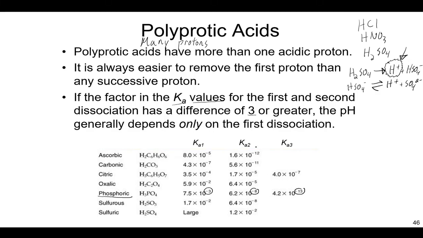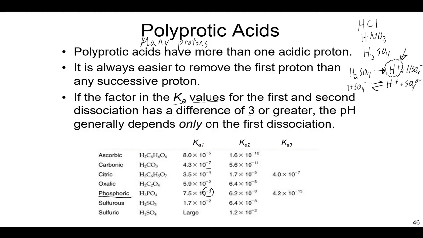So these Ka2 and Ka3 for phosphoric are so small compared to Ka1 that the amount of H plus they create, the percent ionization, is really, really small by comparison. So you're not getting a ton of protons, hydronium, from these processes compared to this one. So if the difference between this exponent and this exponent is 3 or greater, we generally don't worry too much about these affecting the pH.